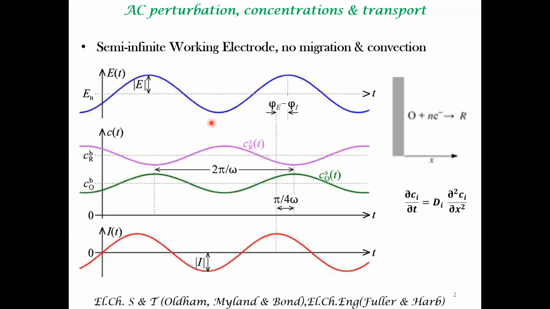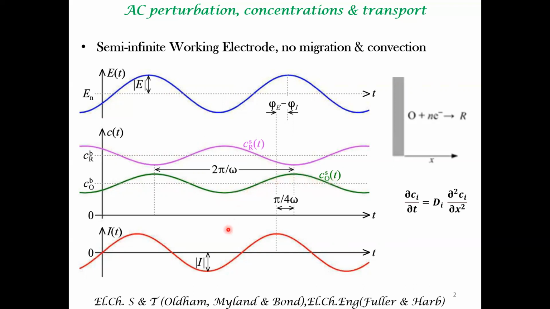All right, so again, we had seen this also. Supposing we have an AC signal, a small AC signal imposed onto the system, like we have in EIS. If you assume a facile electrochemical reaction, in response to this AC signal, the concentration of the reduced species and oxidized species also show a periodic variation.